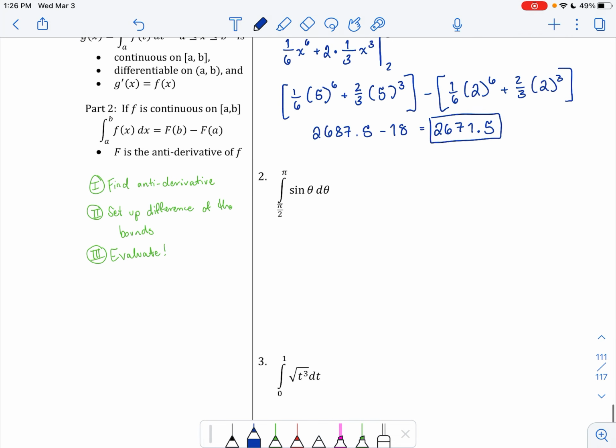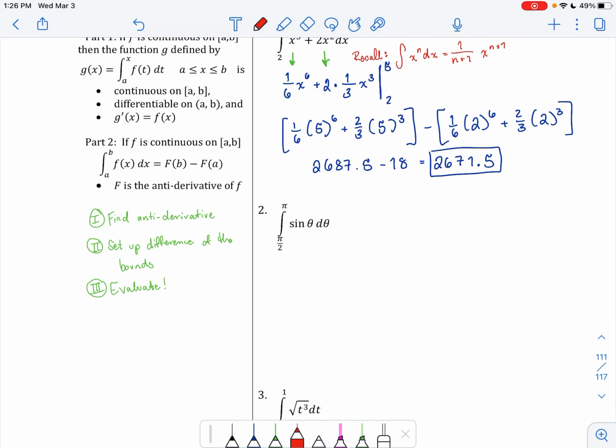Now the nice thing here is we can do it with things other than polynomials, of course. Here we've got sine of theta d theta. And just like with derivatives, it's just important that these ones match. They don't have to be always x. And we're going to follow the same process. We're going to ask ourselves, what is the antiderivative of sine of theta?